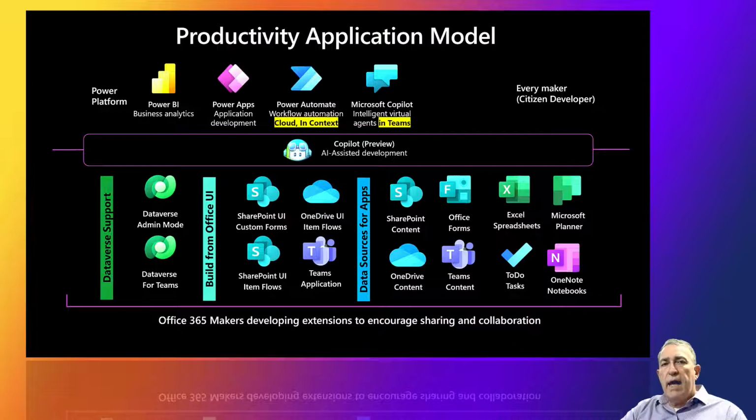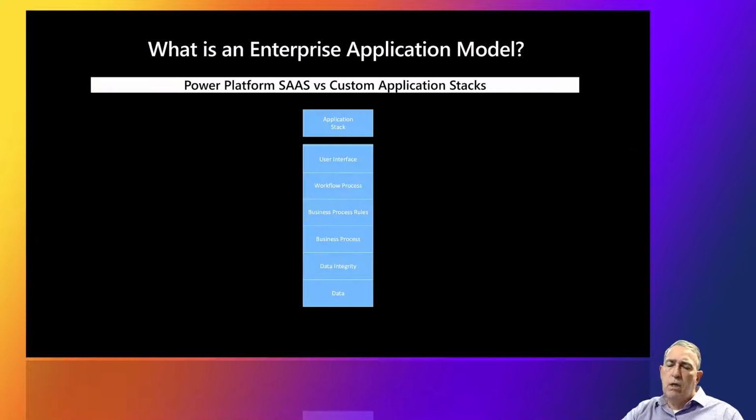The underlying data permissions, as in all connectors in the Power Platform, are still managed through the underlying service, in this case, Microsoft Office. So what's the difference in an application built using the productivity application model and the enterprise application model? What are the components of a classic enterprise application built entirely with pro-code tools?